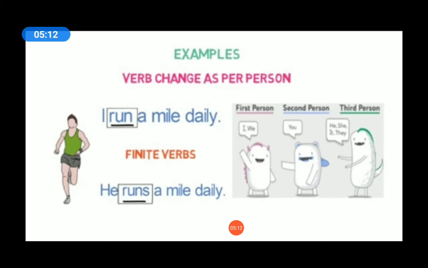So it becomes runs. He runs a mile daily. Here it shows how the finite verb changed with the change in the person of the subject. First person changed into third person. That's why run changed into runs. This is how a finite verb changes as per the person of the subject.